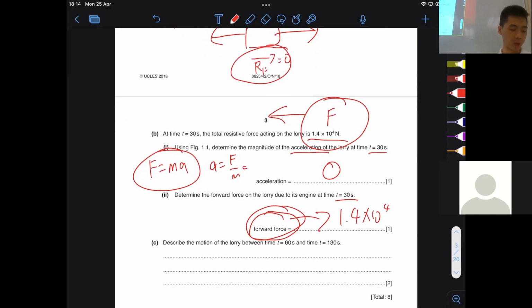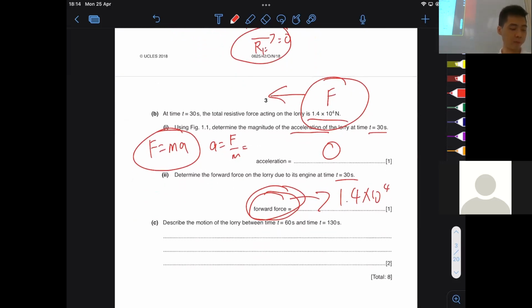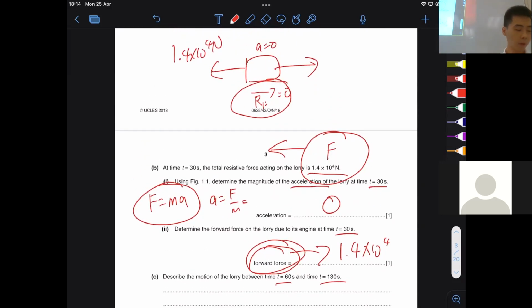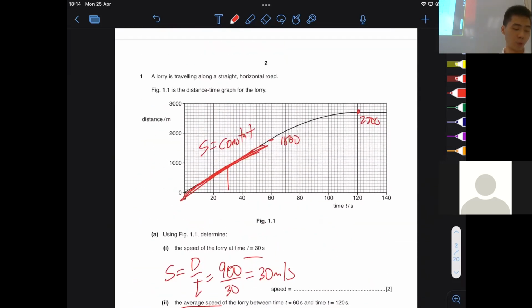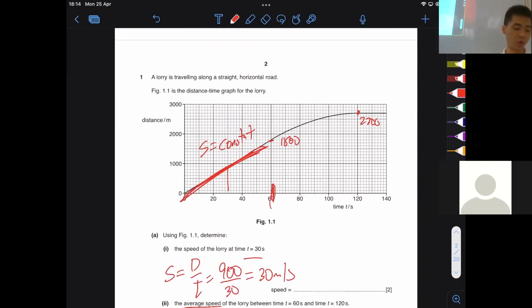Next part, describe the motion of the lorry between 60 seconds to 130 seconds here. If you look at the motion between 60 seconds to 130 seconds, the one thing that you want to highlight is definitely this curving part, right? This curving part, what does it say in terms of the speed and acceleration? Good, it is not constantly accelerating. In fact, is it accelerating or decelerating?